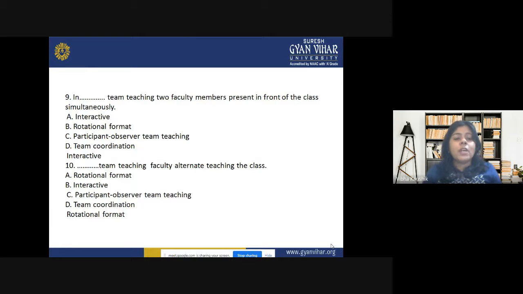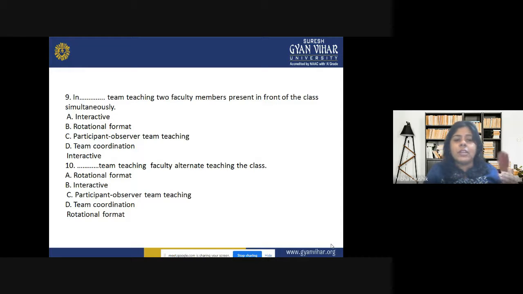So the options are A. Interactive, B. Rotational format, C. Participant observer team teaching, or D. Team coordination. So these are the options A, B, C, D.